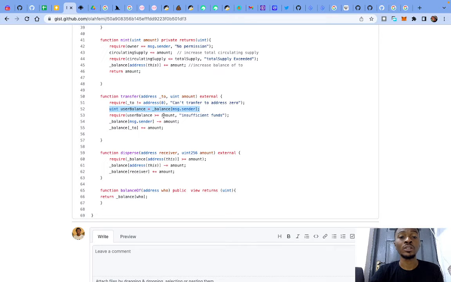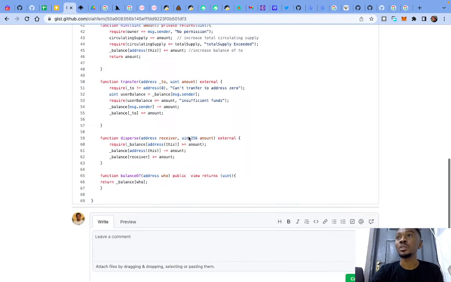We are ensuring that the balance is not less than the amount the person is trying to send. And on this line, we are going to actually deduct the balance from the person's account, and then we are going to send the balance here to whoever the recipient is.